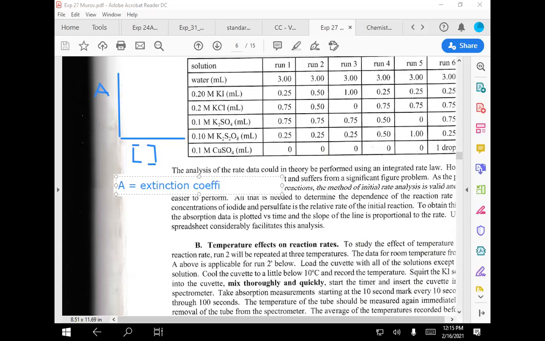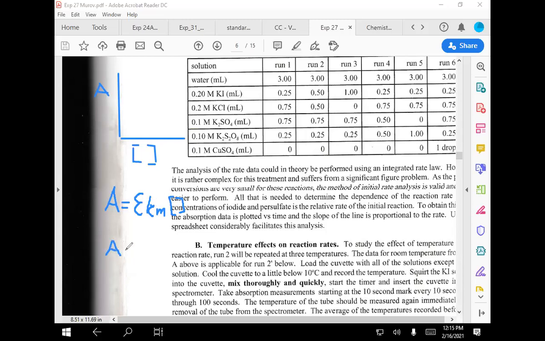Let me draw it. Okay, we just want to understand what's happening here. So the video said that the absorbance was equal to some extinction coefficient, path length was 1 centimeter, times the concentration. You don't need to worry about the 1 centimeter, so we'll just ignore that.